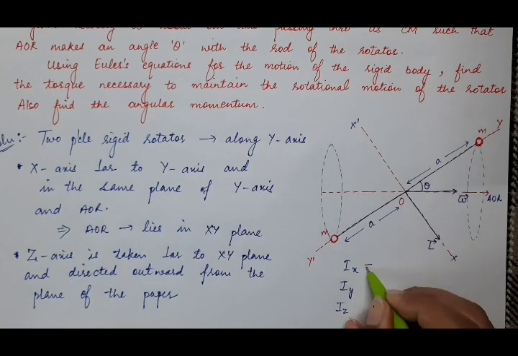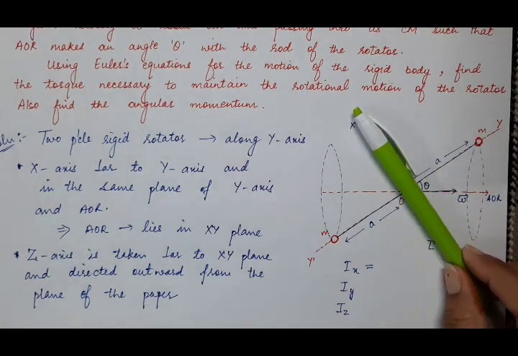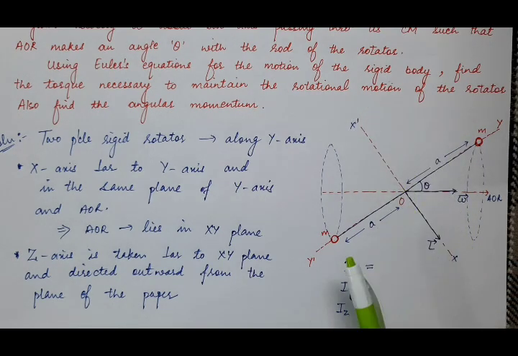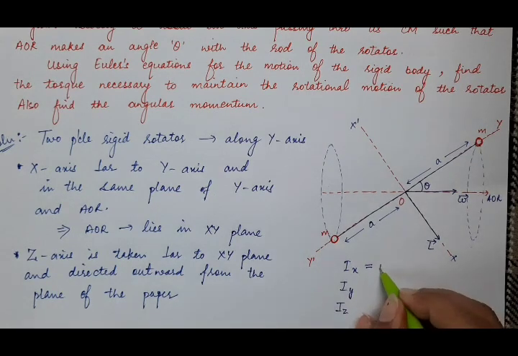So what will be the principal moment of inertia about the x-axis? As we have two masses and we know that moment of inertia is m1r1 square plus m2r2 square plus m3r3 square and so on. So here the first mass is m.